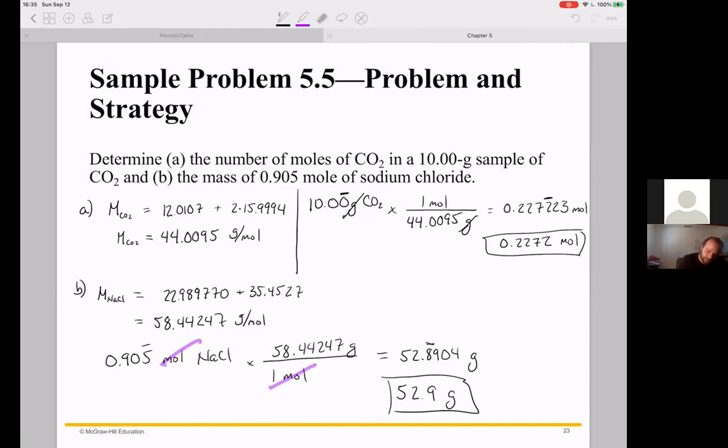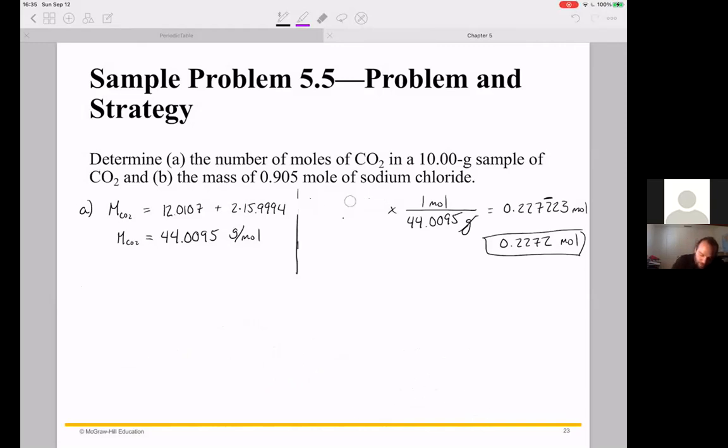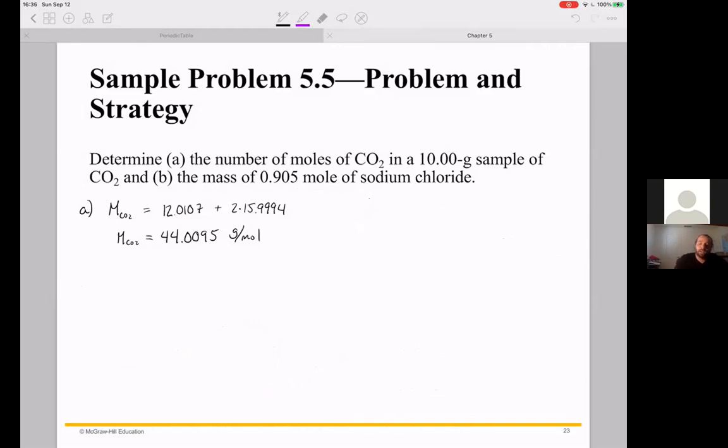Okay, so now let's do the same thing for part A, but instead of figuring out how many moles I have, let's go all the way to molecules of CO2.